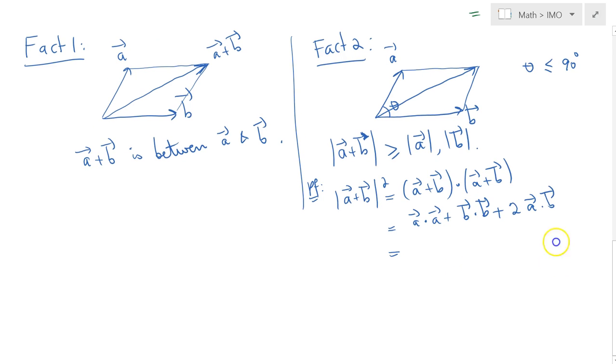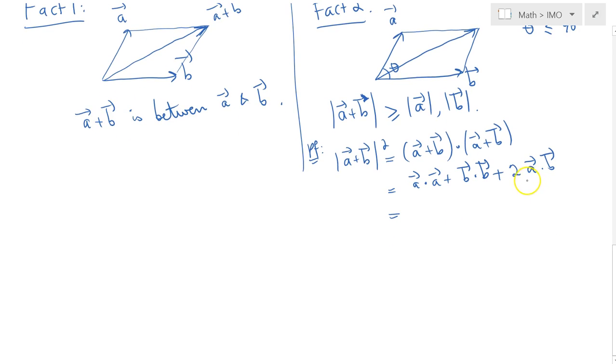Remember the vector multiplication: a dot b is the size of vector A times the size of vector B times the cosine of the angle between the two, which was theta here. And when we multiply vector A with vector A, it would be the size of A times the size of A times cosine of theta. Cosine of 0 degrees is just 1. So we get |a| squared here and |b| squared here.